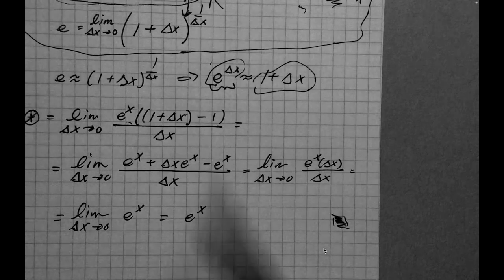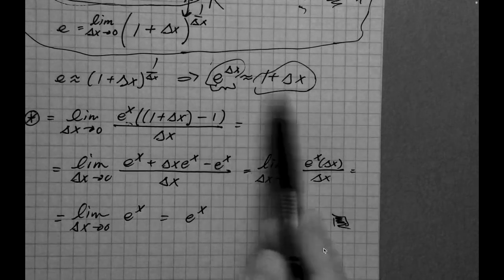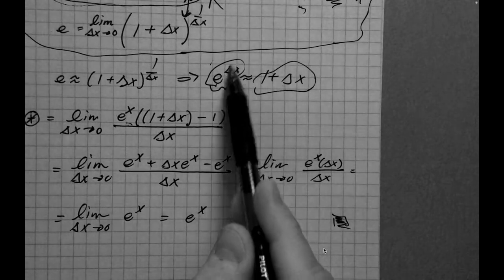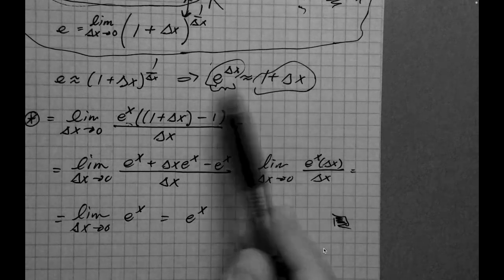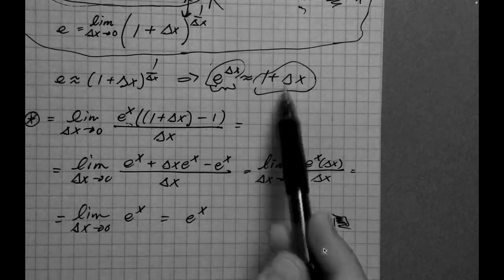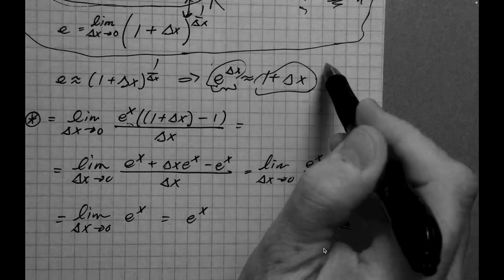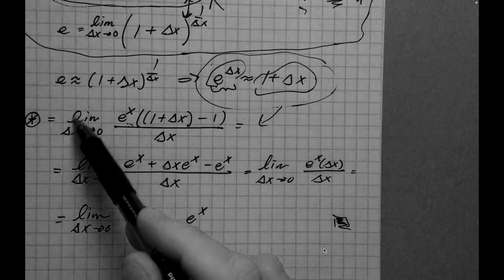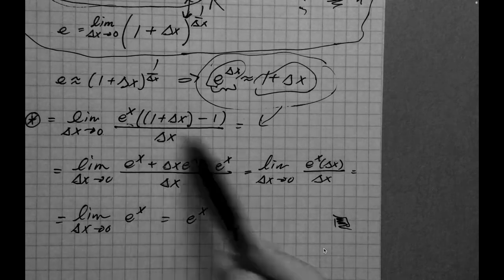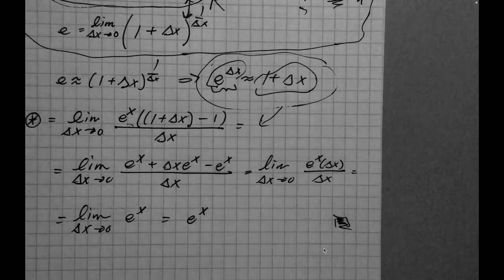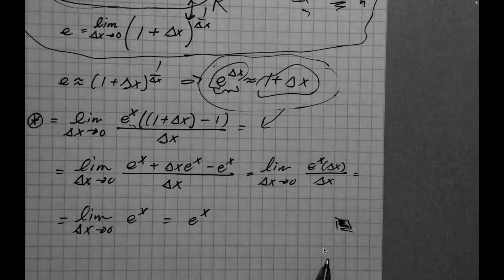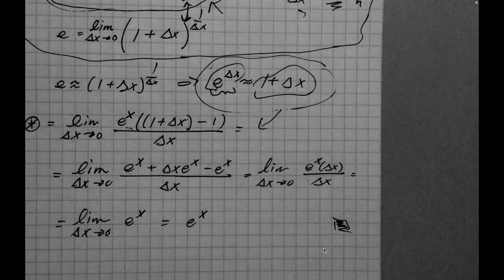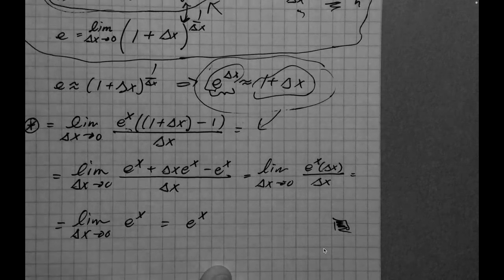As delta x goes to 0, this goes to 0, that goes to 0, they both equal 1. So that's obvious, hopefully. The fact that we can substitute this in is only really true in the case of taking the limit as delta x goes to 0. So keep that in mind. But then everything else is basically algebra. All right, so that's an interesting proof.